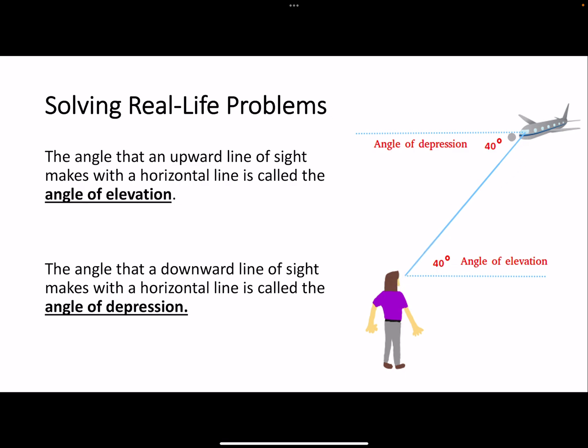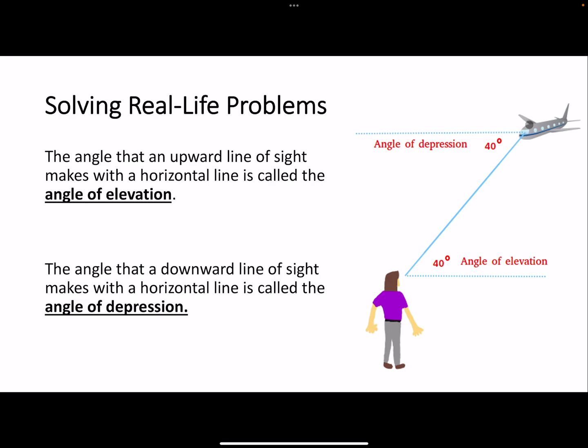The elevation's going up. Now, if this plane is flying straight, that is what this dotted line represents, okay? It's kind of like the plane's eye level.